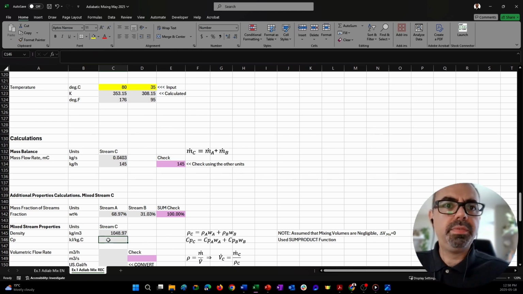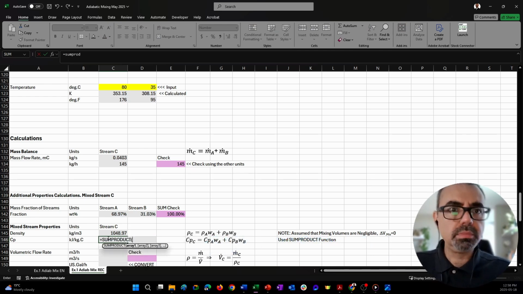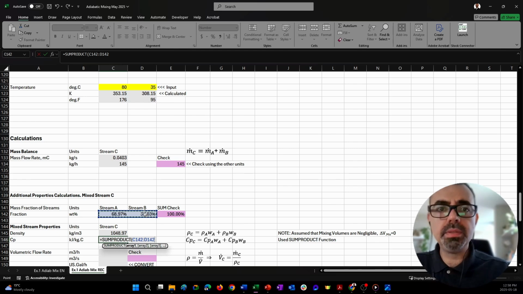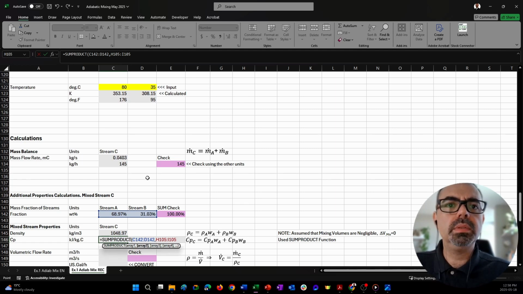Then let's repeat for the heat capacity. Again, SUMPRODUCT. First array is the weight fractions. Now, second array will be the heat capacity. So I bring this down to the cell. So you see, first array, take each of these numbers and multiply them times the other sets of numbers.